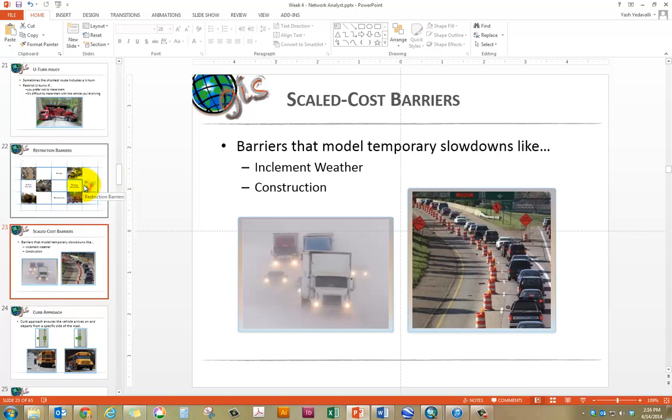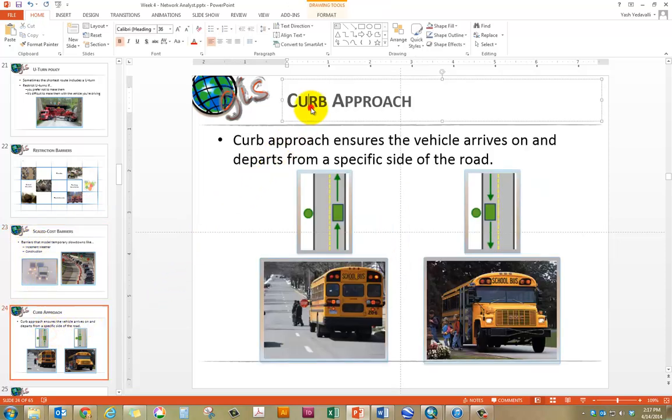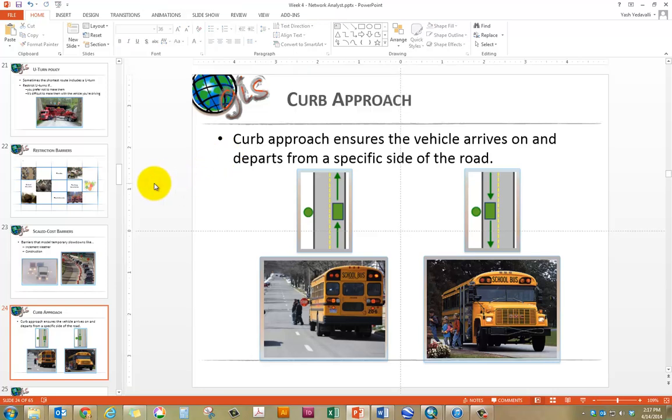The reason I'm showing you all this is that you need to understand how complicated this network dataset can get, because you keep adding these barriers and cost attributes and even something as simple as a curb approach. So can you stop right next to a curb, and can the people actually get off a curb? Is there a sidewalk?